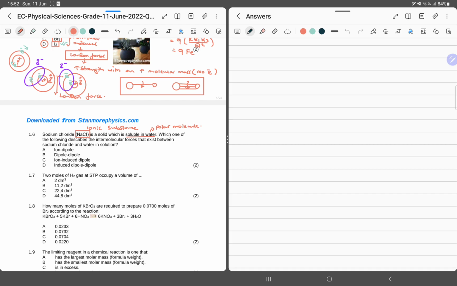Okay, now it says, which one of the following describes the intermolecular forces that exist between the sodium chloride and the water in solution? Now, what do we know? We know that sodium chloride will break into chloride ions and sodium ions in solution, right?